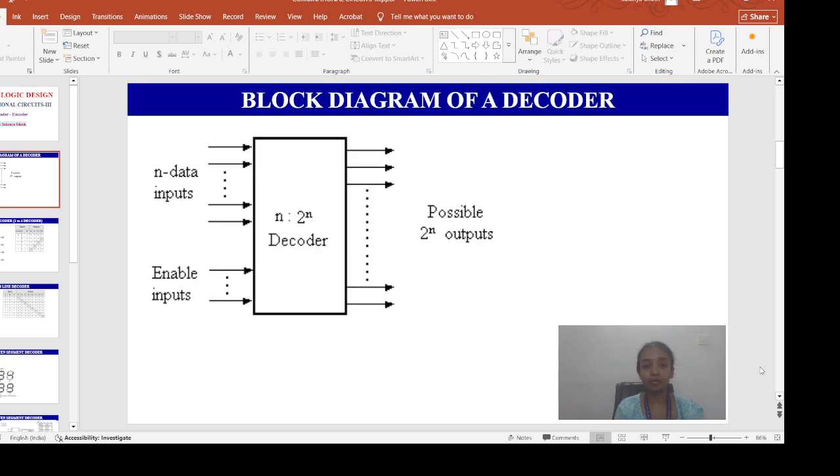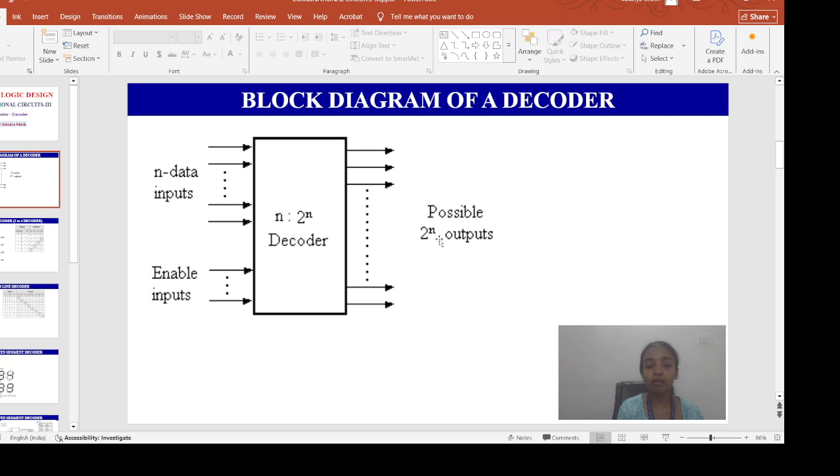What is a decoder? This is the basic block diagram of a decoder circuit. A decoder is a combinational circuit that converts binary information from n input lines to a maximum of 2 to the power n output lines.